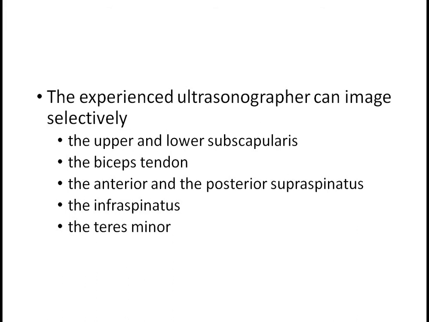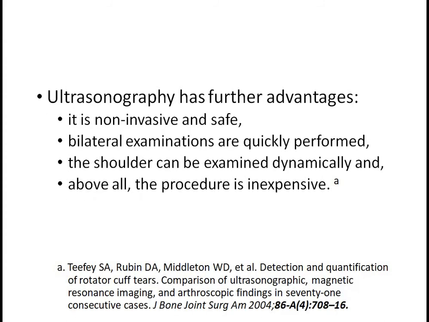The experienced ultrasonographer, whether technician, doctor or therapist, uses careful positioning and knowledge of the dynamic anatomy of the cuff. After that, he can selectively image muscles like the upper and lower subscapularis, the biceps tendon, the anterior and posterior supraspinatus, the infraspinatus, and the teres minor.